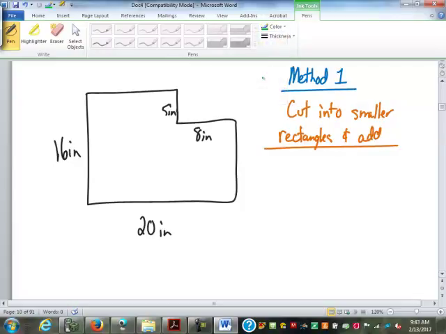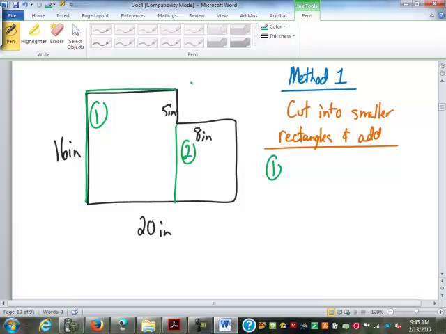To cut this into smaller pieces, there's really two choices. I can cut it across here, and I have two rectangles, or I can cut it vertically down here and have two rectangles. Any preference as to whether I cut it horizontally or vertically? Okay, well, since the line's in there right now, we'll leave it like that. So I've got two pieces I have to find. Piece 1, this is 16 inches, but I need to know this dimension here.